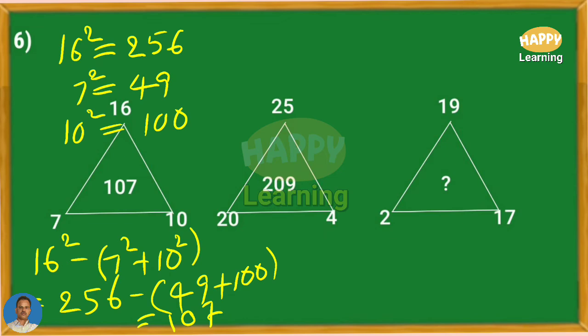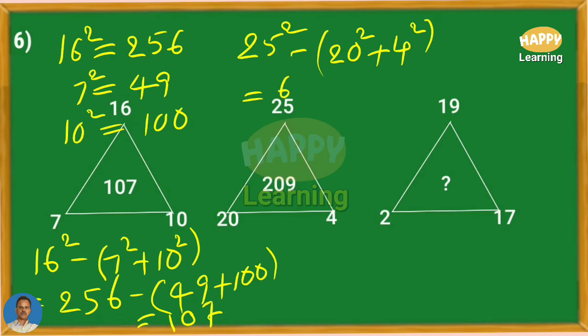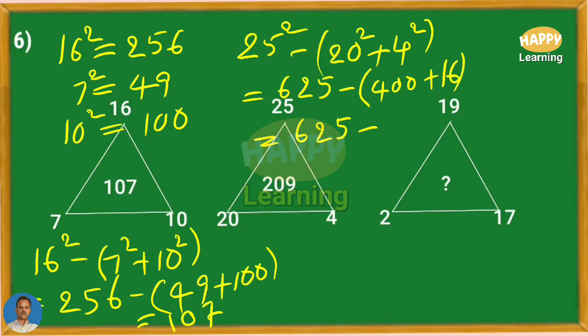Now, 25 square minus 20 square plus 4 square, that is equal to 625 minus 400 plus 16, that is equal to 625 minus 416, that is equal to 209.